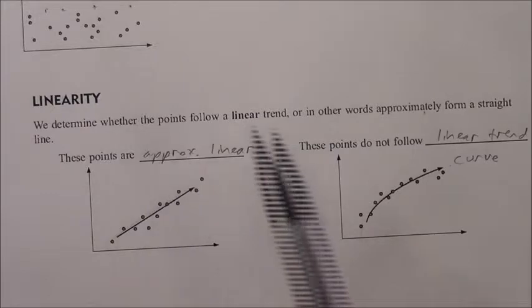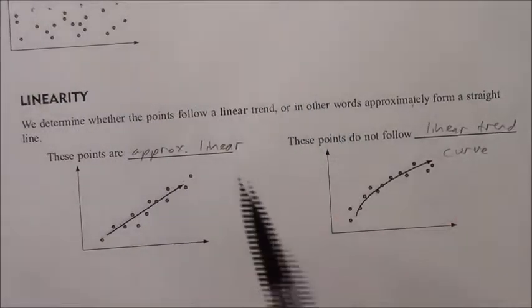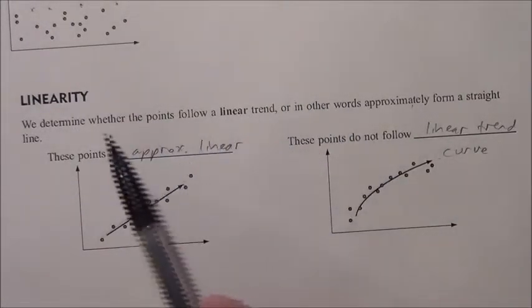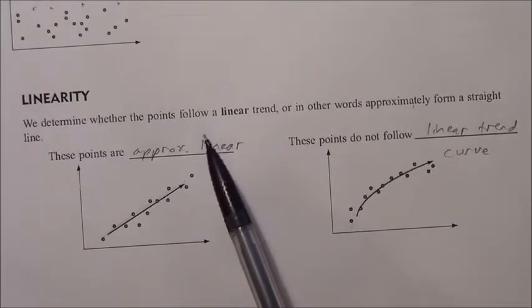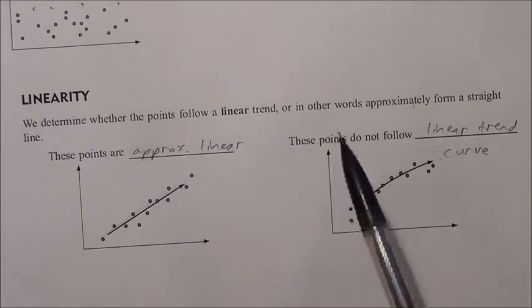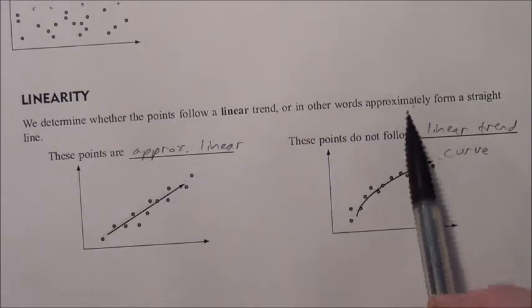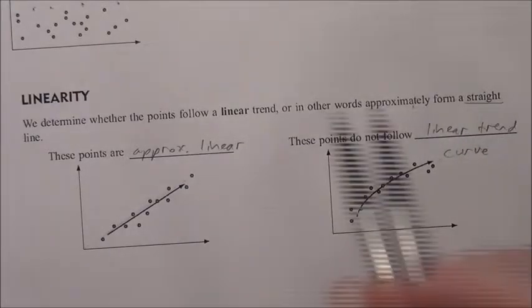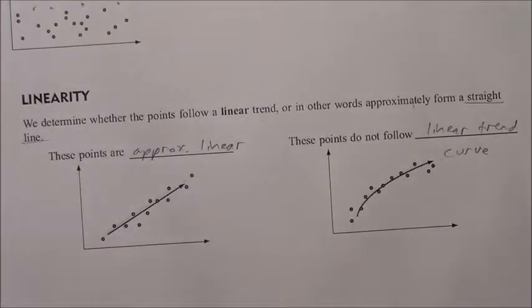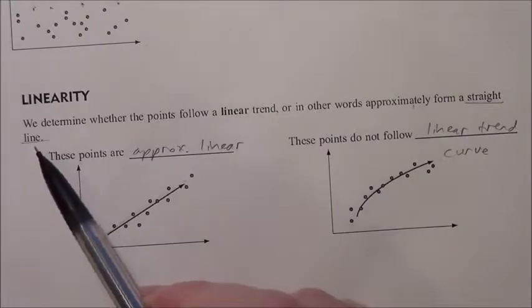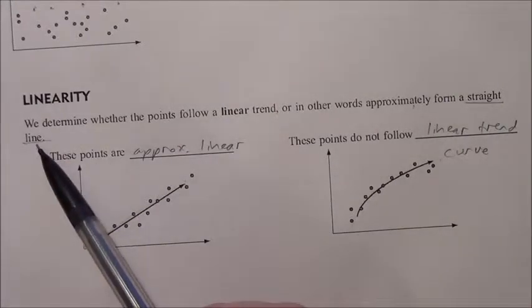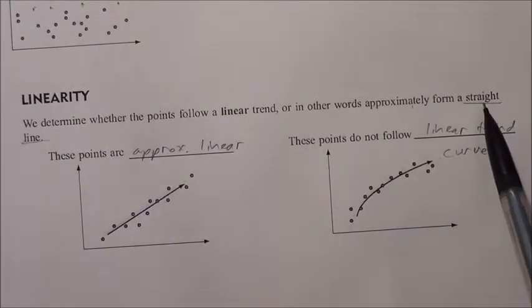Now here, in this line that you'll see, it says we determine whether the points follow a linear trend or not. In other words, they approximately form a straight line. Well, that's kind of redundant, because in math, if we're talking about a line, it's going to be straight.